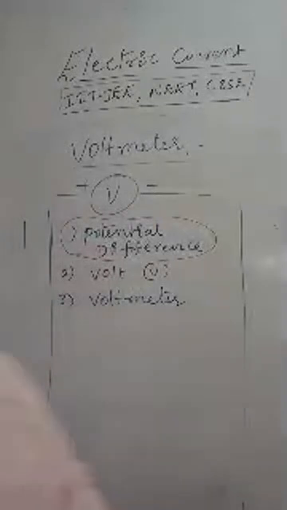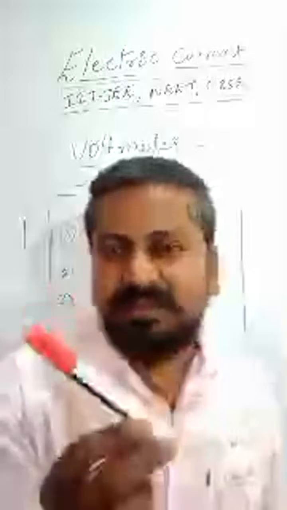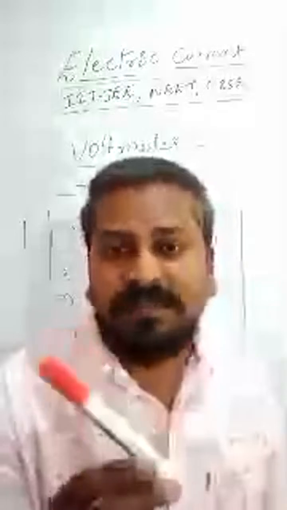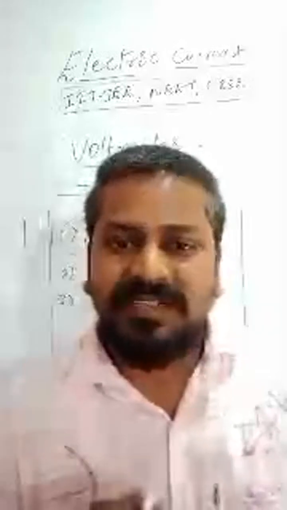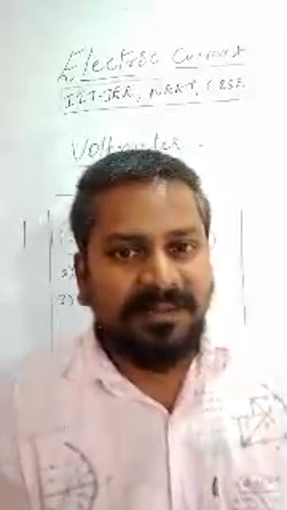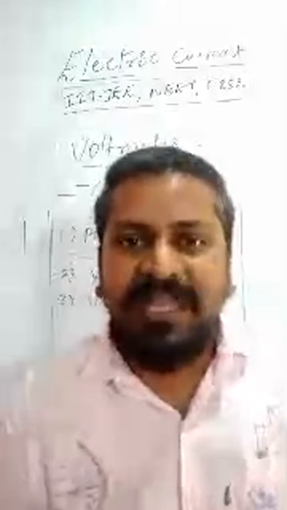We can take this marker and measure its weight, how much weight it has. Physical quantity means the quantity which can be measurable. Note down these points.